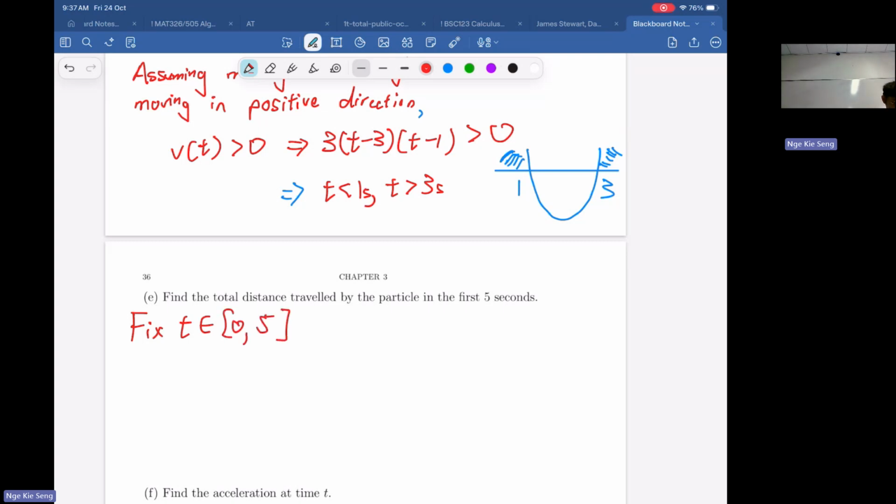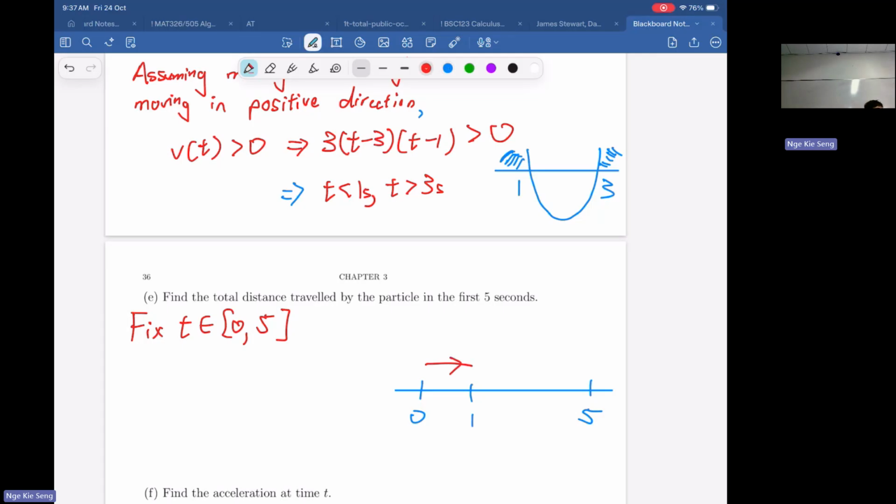Let's draw this timeline up. From 0 to 1, the particle moved in the right direction.